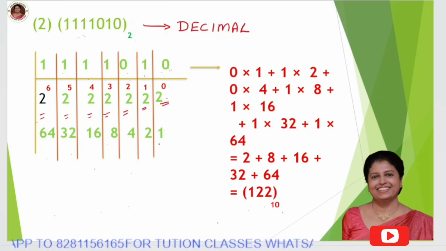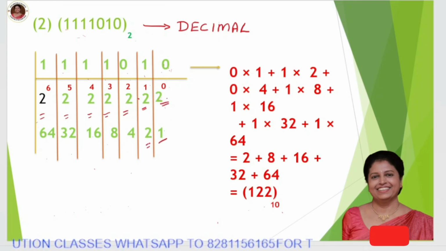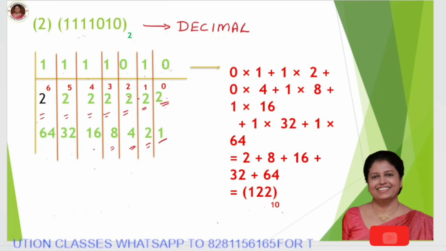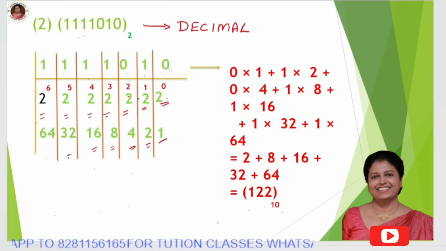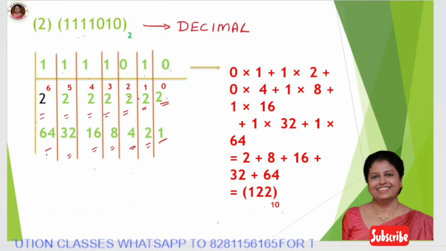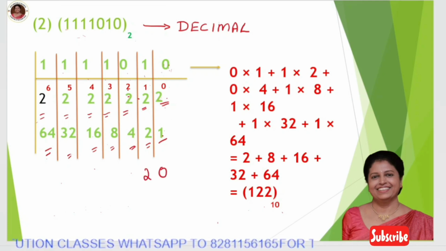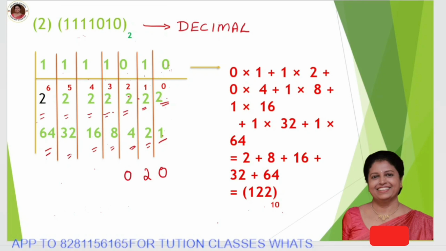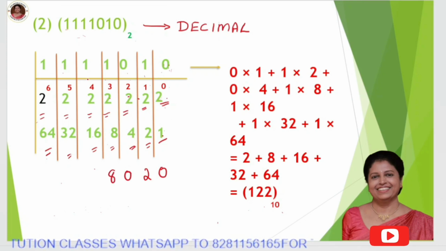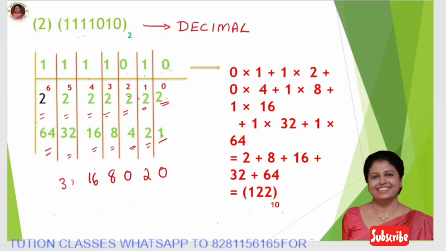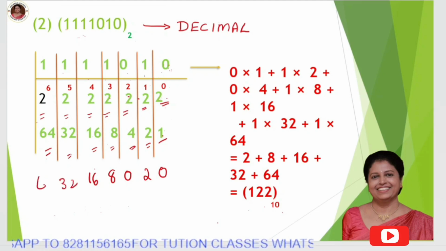Okay, 2 raised to 0 is 1, 2 raised to 1 is 2, 2 square is 4, 2 cube is 8, 2 raised to 4 is 16, 2 raised to 5 is 32, and 2 raised to 6 is 64. Then we can multiply: 0 times this is 0, 1 times 2 is 2, here it is 0, here it is 1, that means 8, here it is 1, that is 16, here it is 1, that is 32, here it is 1, that is 64.